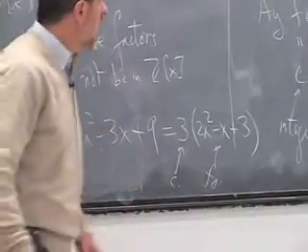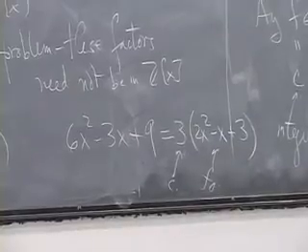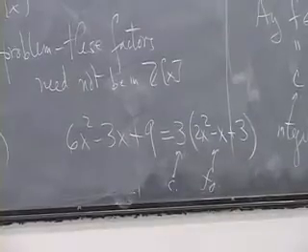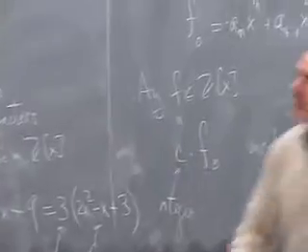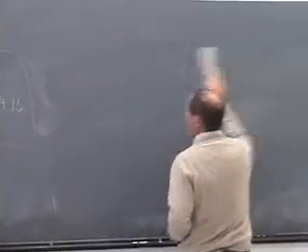Okay? Now, what's cool about this, what's particularly cool about it, is that not only do I have such an expression for an integer polynomial, I have it for a rational polynomial. And that's very interesting.